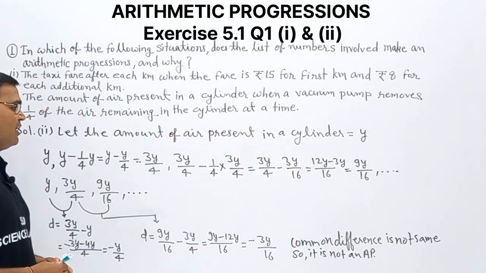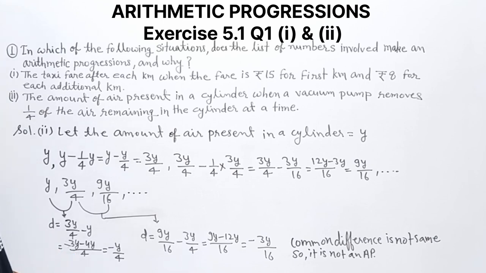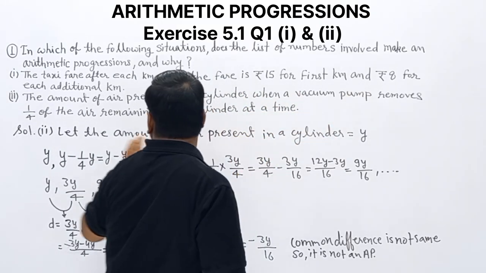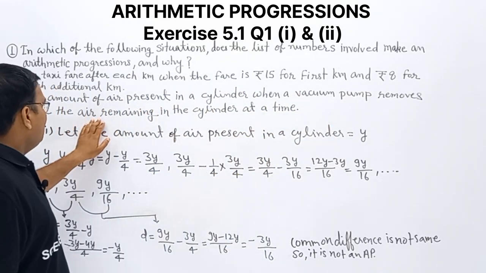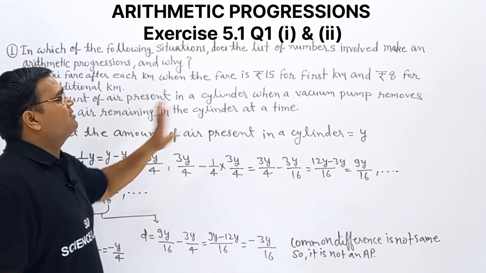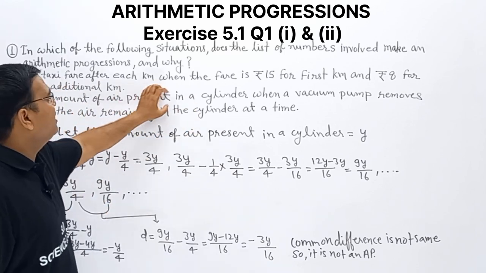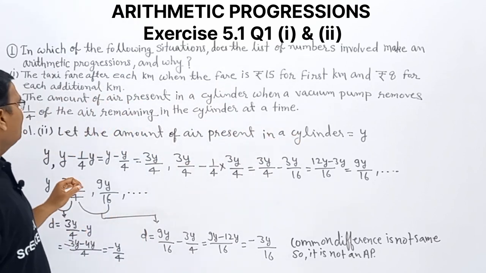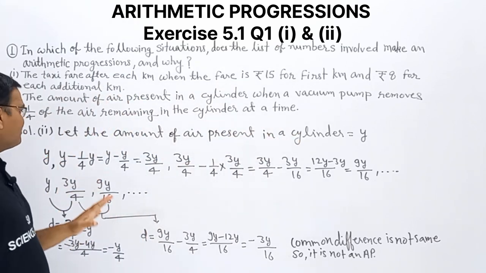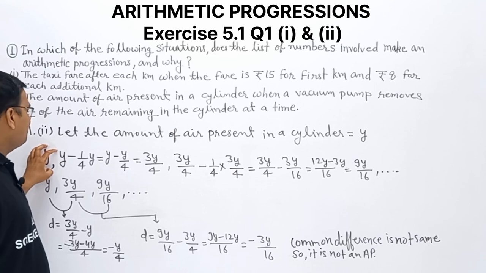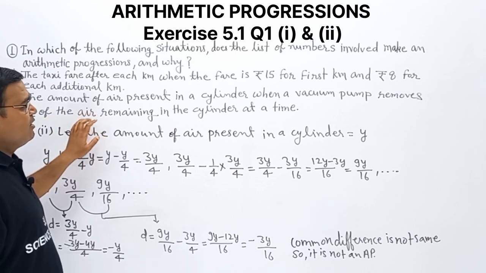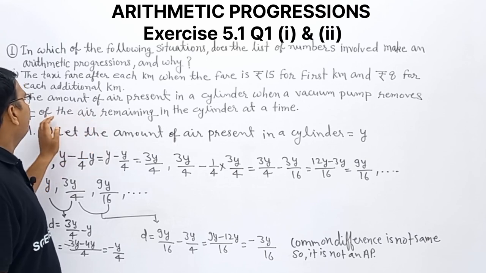Observe carefully again what we are doing in this question. We have one situation: the amount of air present in a cylinder when a vacuum pump removes 1/4 of the air remaining in the cylinder. First we assume the amount of air present in the cylinder as Y units. Clear? First time, the air present in the cylinder is Y, then we remove 1/4 of the air remaining.